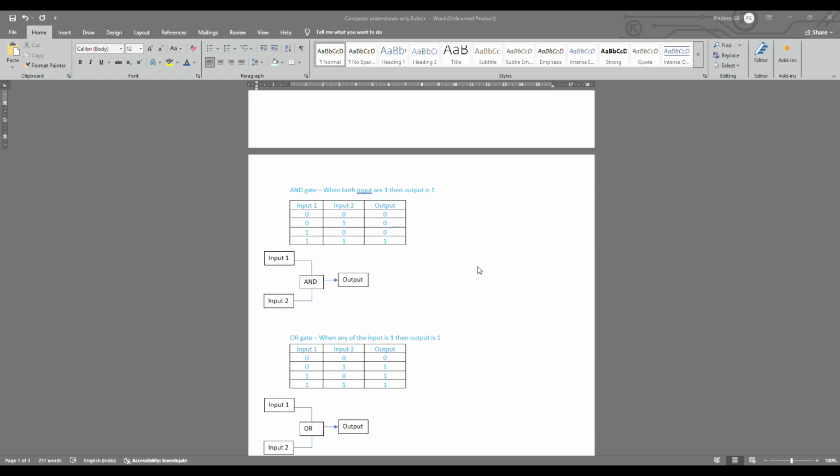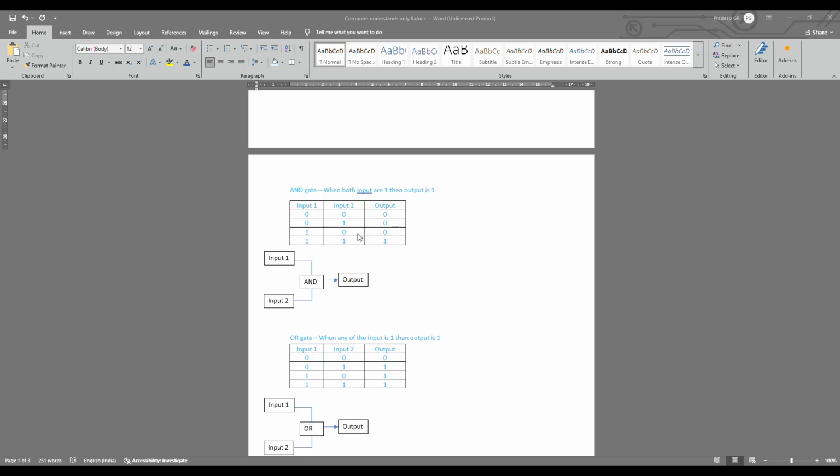Okay, so for the AND gate, 2 inputs will be there, and the AND gate will process these 2 inputs and give the output. So these 2 are the inputs and this is the output. For the AND gate, when both inputs are 1, then the output is 1.